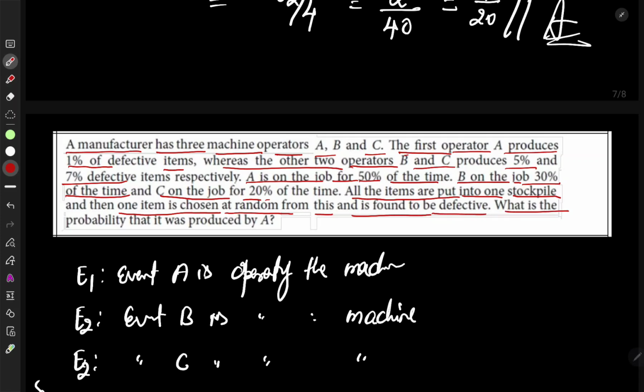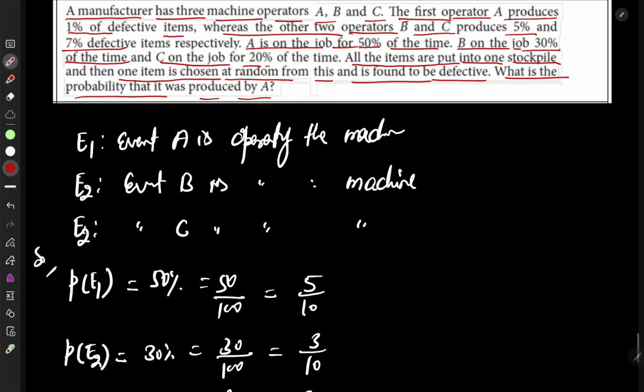Okay, what is the probability that it was produced by A? Means first manufacturing is going on. After that it is asking, tell me what is the probability that it is manufactured by operator A.